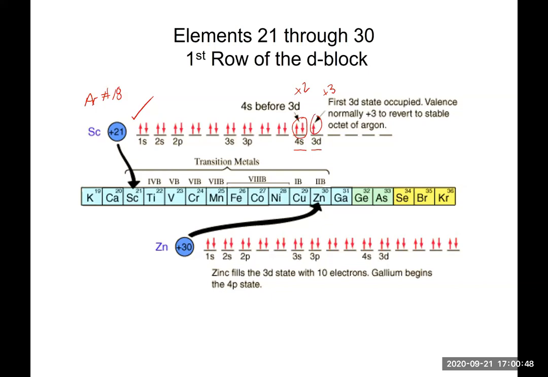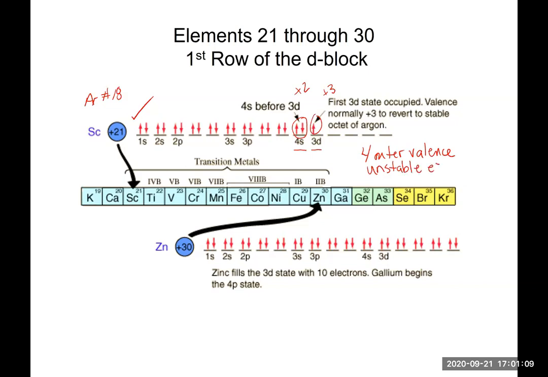And the answer is because 4 is the outer valence. That's the highest in value, or the highest energy level. So because that's the highest energy level, those are the most unstable electrons.